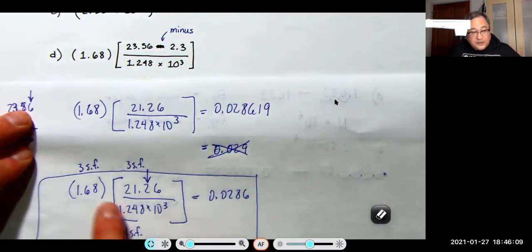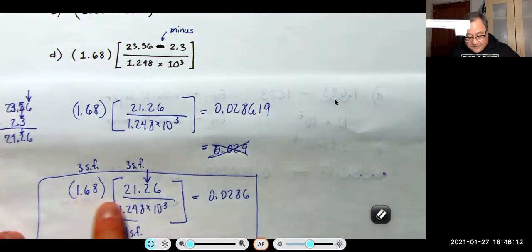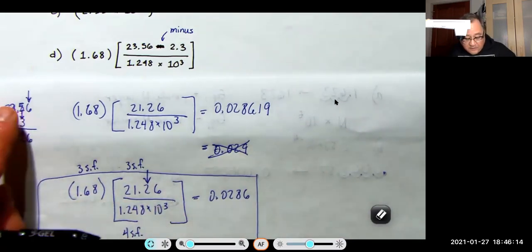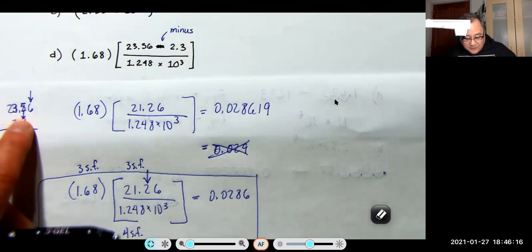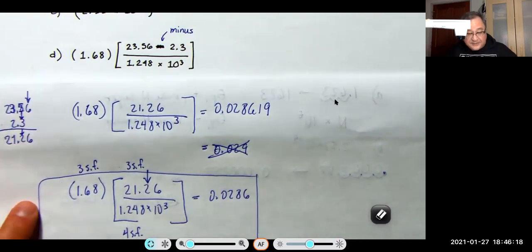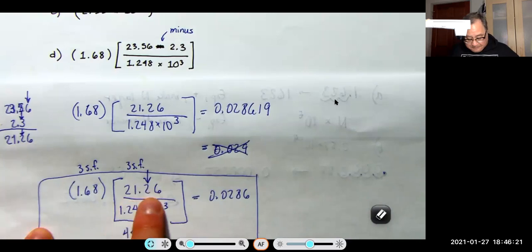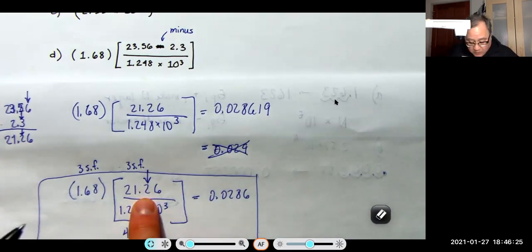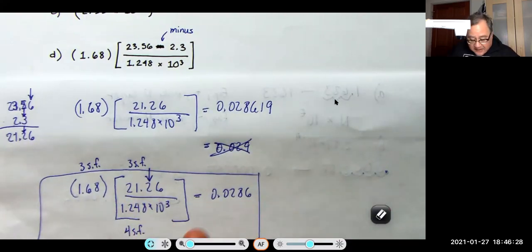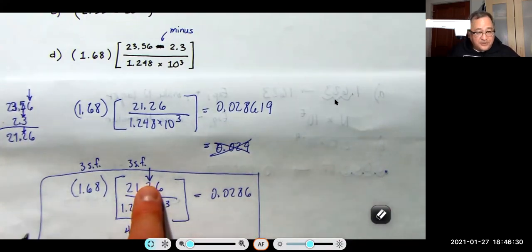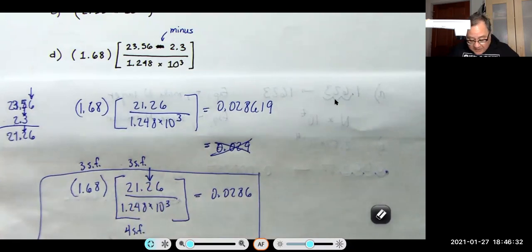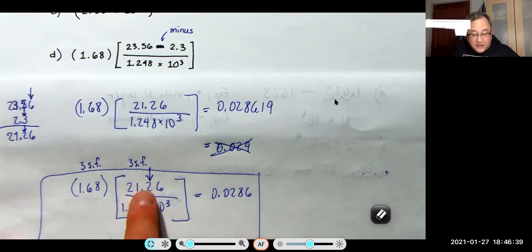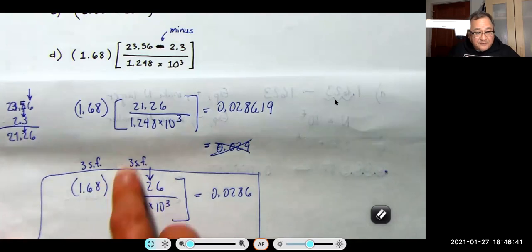So right here, if we do this 1.68, the difference between 23.56 and 2.3 is 21.26, which is right there. And if we were to round right now, it would become 21.3, but we don't round yet. And I'm keeping track of where I should round that to. And the next operation here, we have 3 significant figures, 4 significant figures. And even though we show 4 here, this really only represents 3 sig figs.